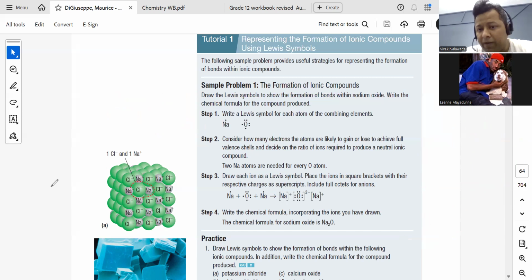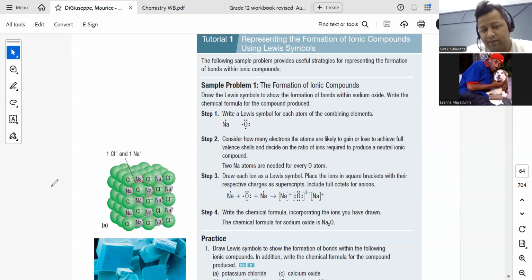It is the simplest arrangement of the ions, which is repeated continuously.